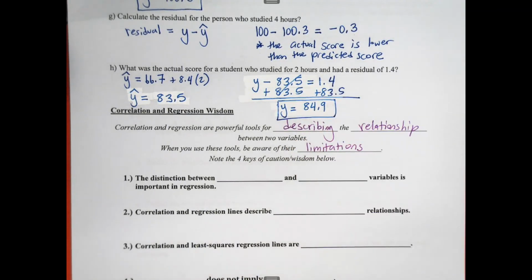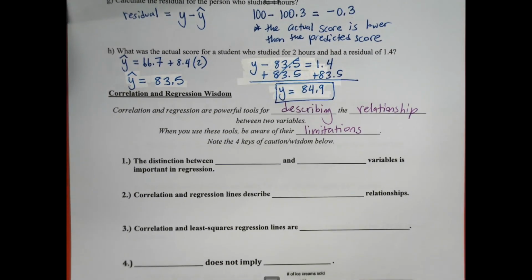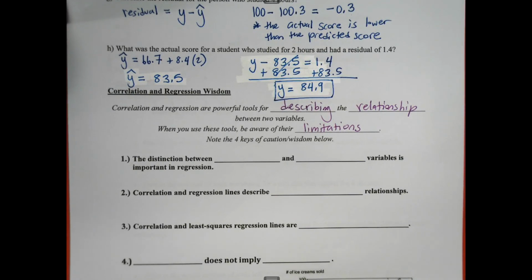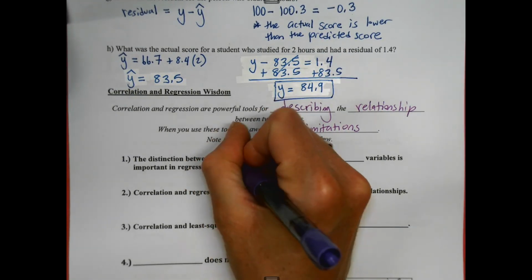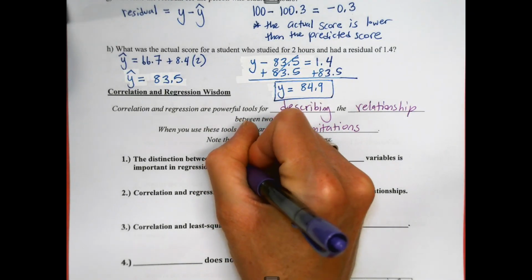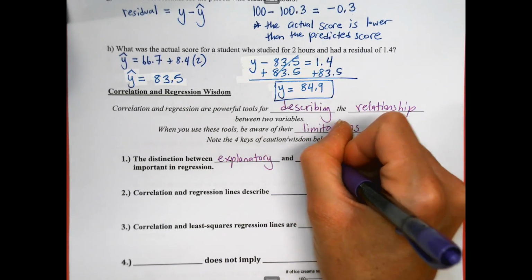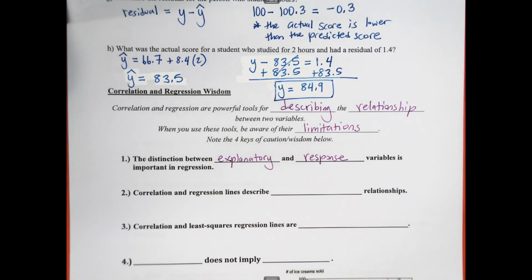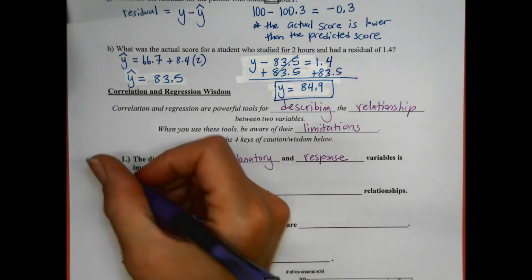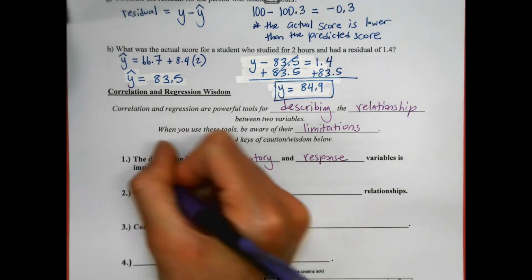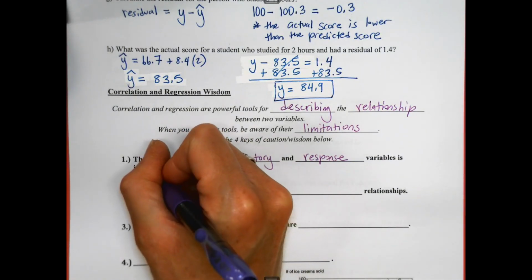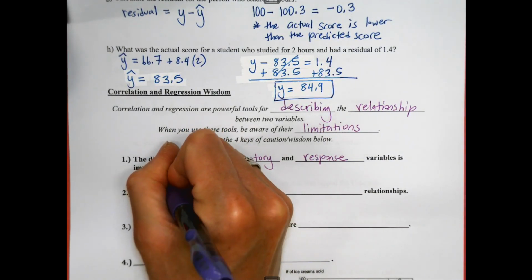There are 4 areas of wisdom or caution that we use when we look at correlation and regression. The distinction between our explanatory variable and our response variable is important in regression. We don't want to mix them up. If we mix them up, our slope and our y-intercept are going to be incorrect.